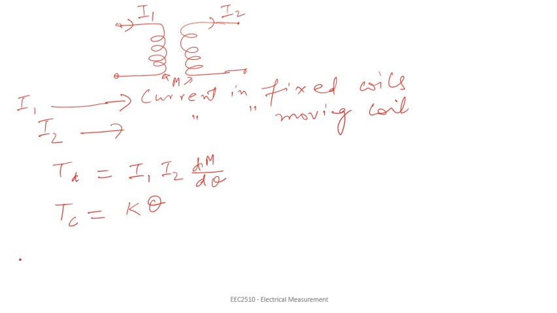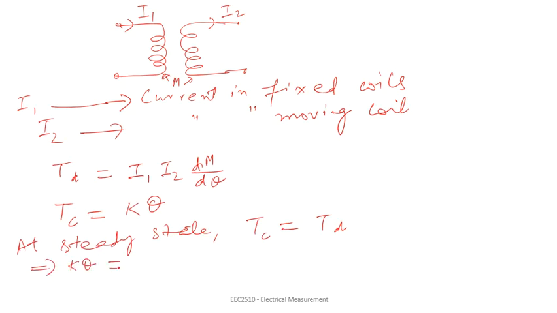Okay, so at final steady state we will have the controlling torque equal to the deflecting torque. So this means that k theta will be equal to I1 I2 dM over d theta.